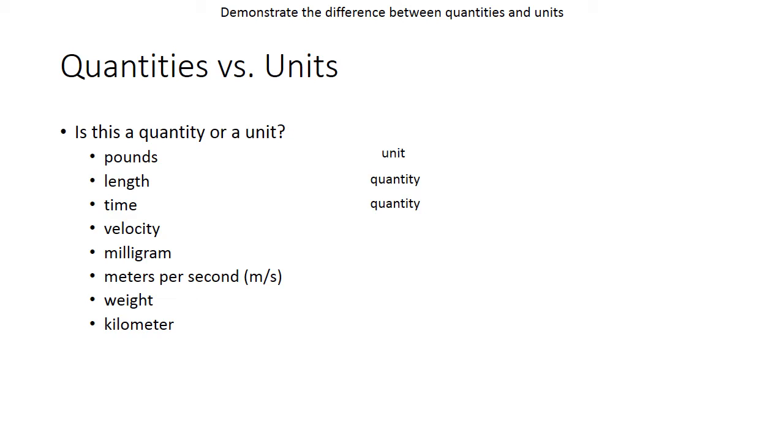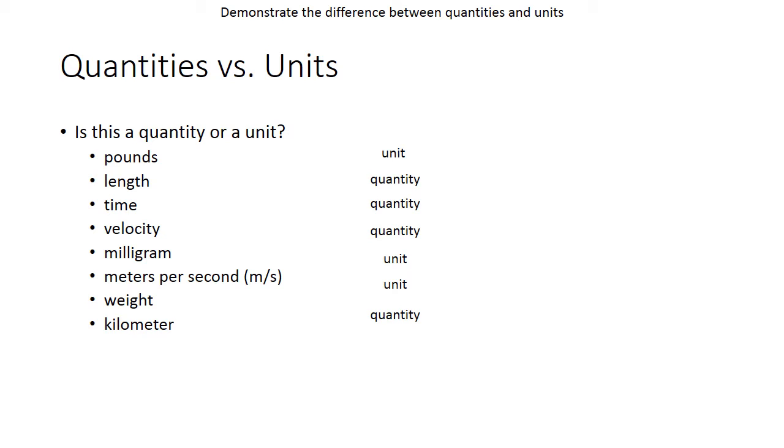Time is a quantity. That's what you measure. Velocity is also a quantity. That's what you measure. Milligram is a unit. You would measure something's mass using milligrams. Meters per second, that is a unit. That would be a unit of speed or velocity. Weight is a quantity.